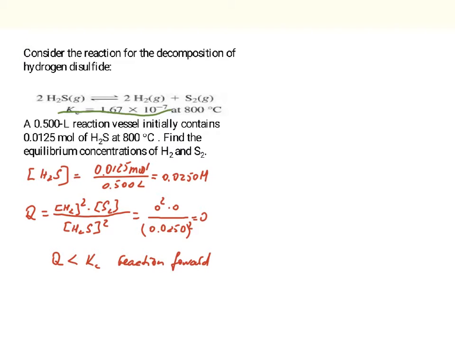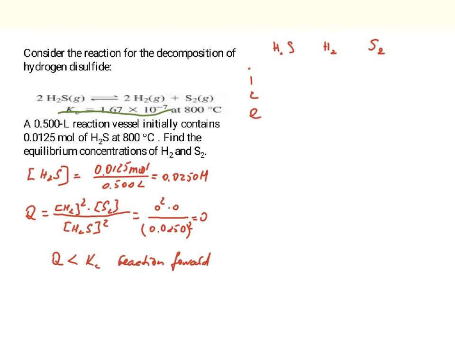Reaction proceeds forward. It's important to understand because when we set up our ice table, concentrations of reactants are going to decrease. We have to assign them with a negative sign. Okay, H2S, hydrogen, and sulfur.